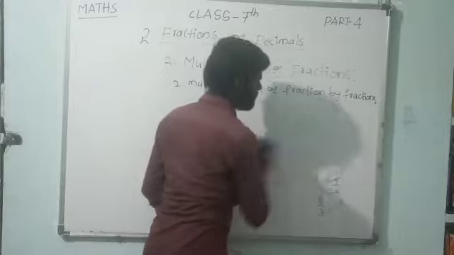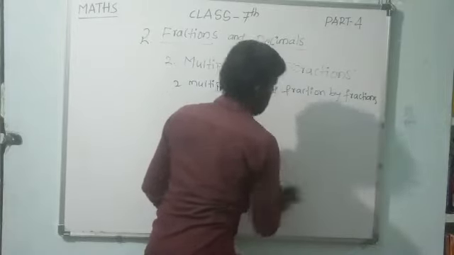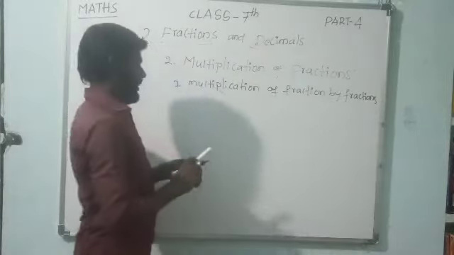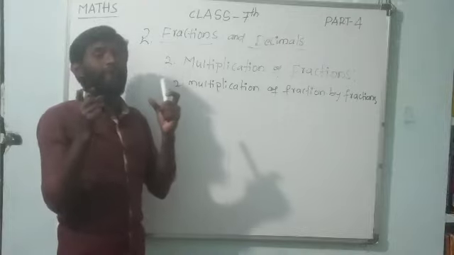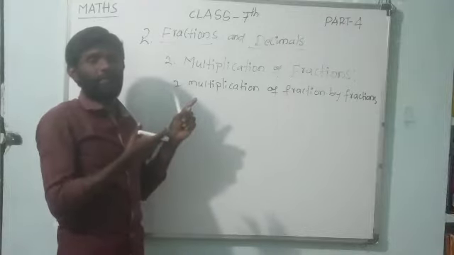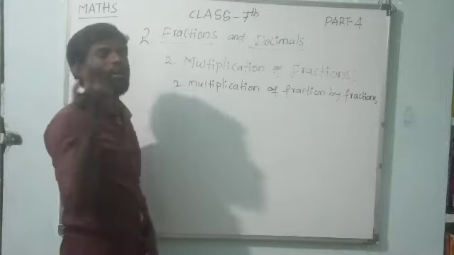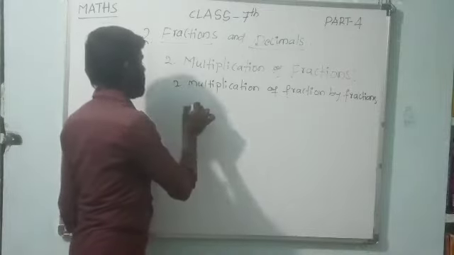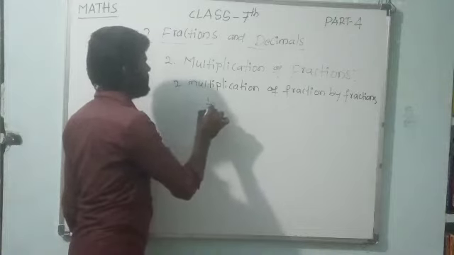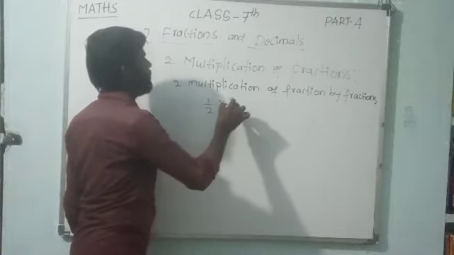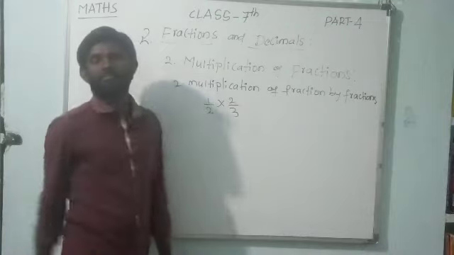Here we have to take two fractions, because our title, multiplication of fractions by fractions, is nothing but taking two fractions. Example first, 1 by 2 into 2 by 3.